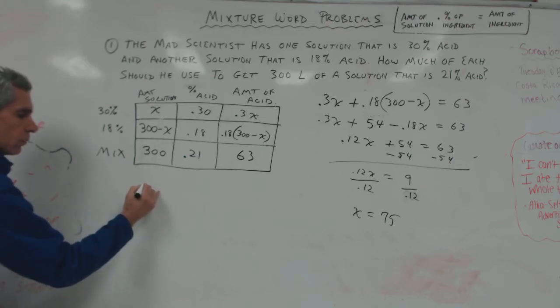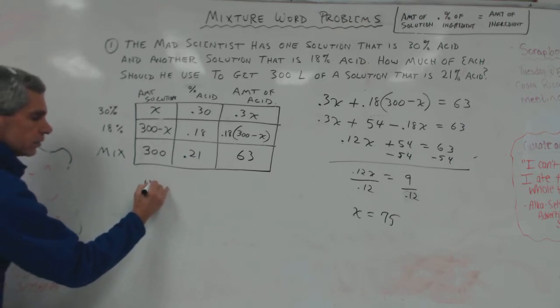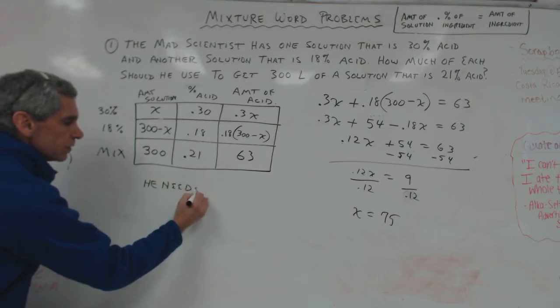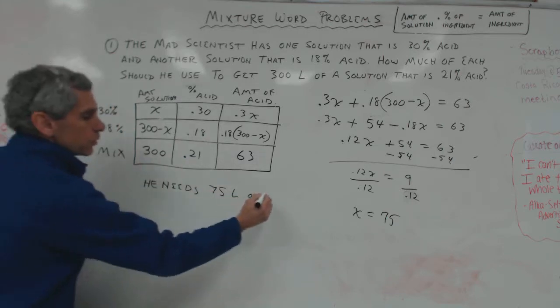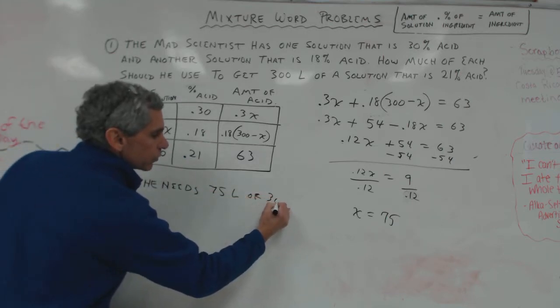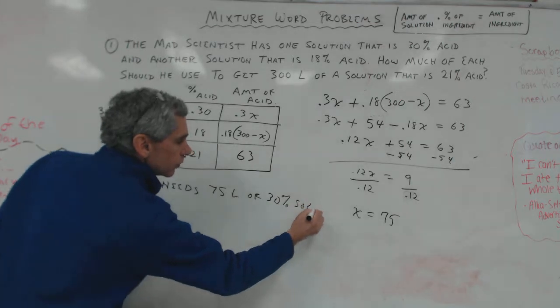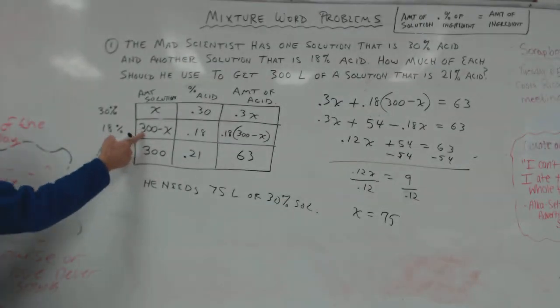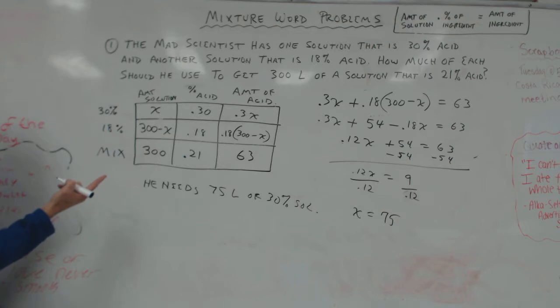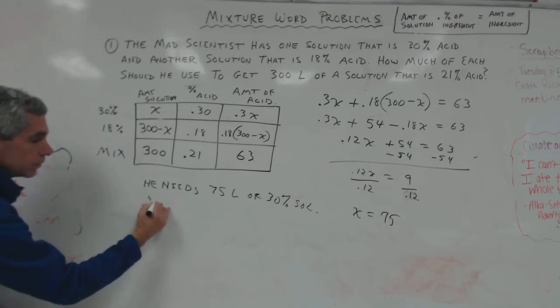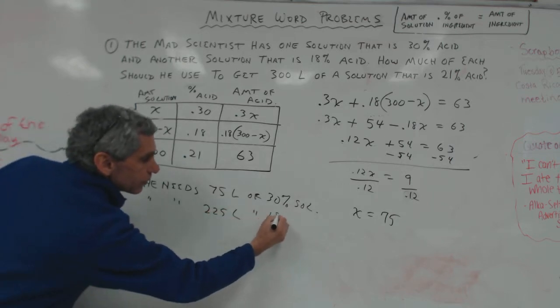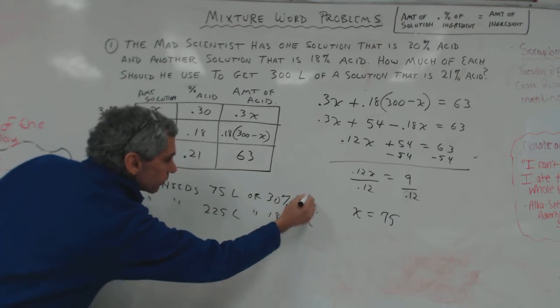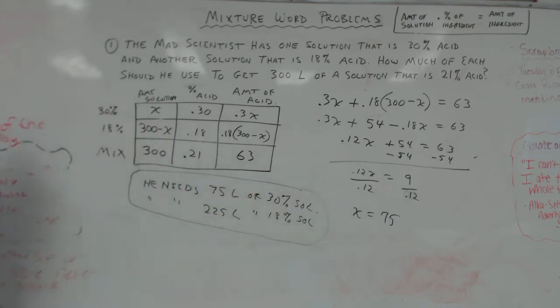He needs 75 liters of 30% solution, and he needs 300 minus 75, which is 225. And he needs 225 liters of 18% solution. And we're done. We got it.